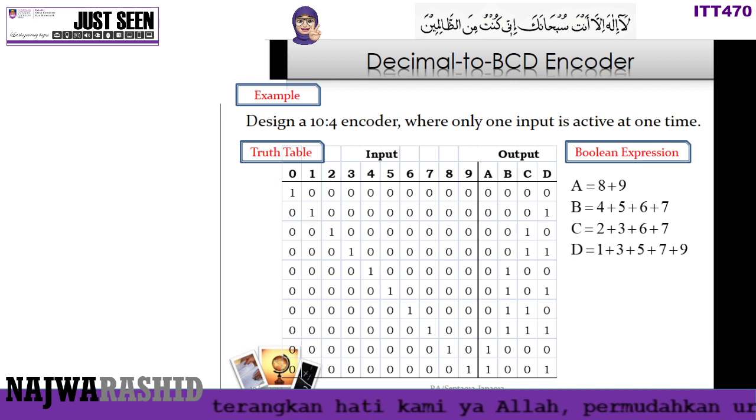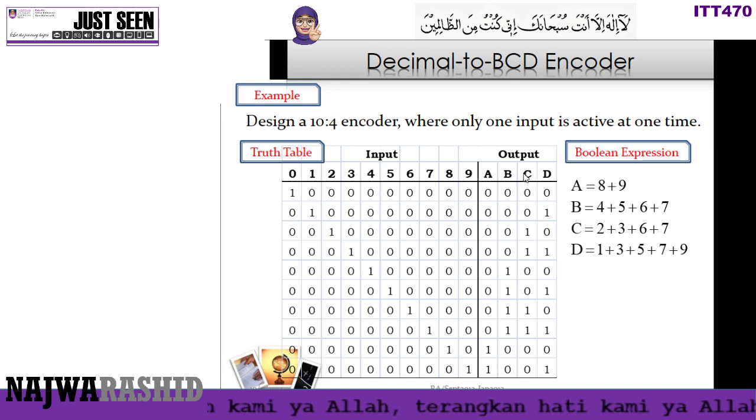At this point we have 4 columns of output: A, B, C, and D. That means we have 4 Boolean expressions. Look at the first one, A. A's output is 1 at this part, when we press number 8 and when we press number 9. So A equals 8 plus 9.